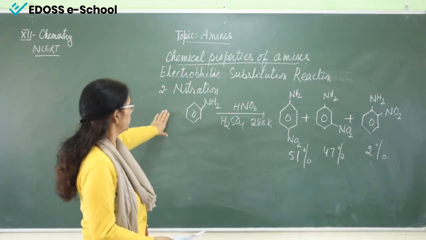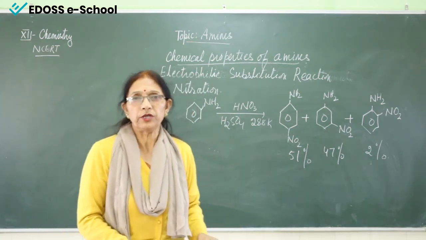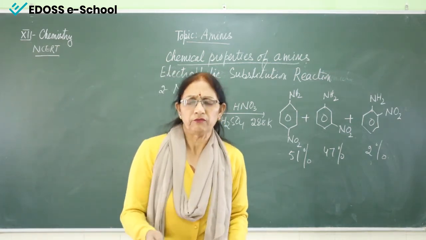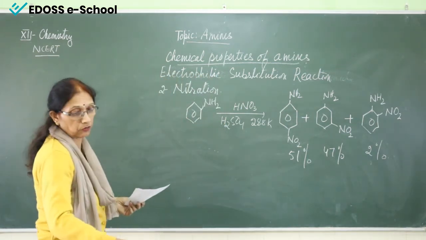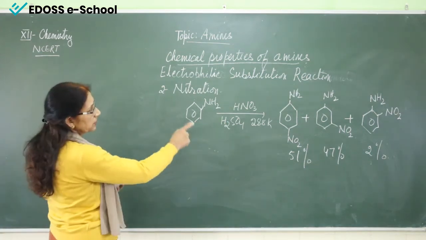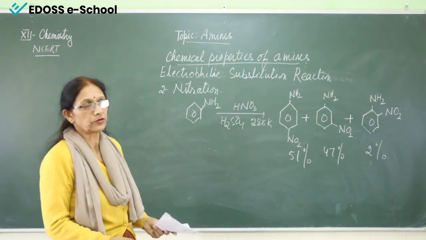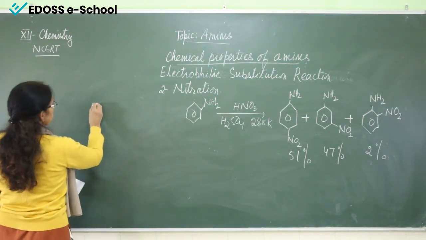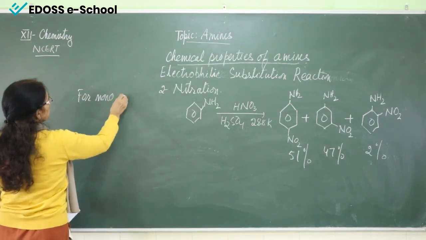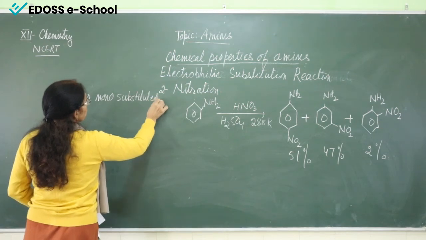Okay, so this is the nitration reaction. Same way as we did for bromination, if you want only mono substituted, because here we are getting a mixture of ortho, meta and para nitro anilines, we will do the reaction with acetic anhydride.